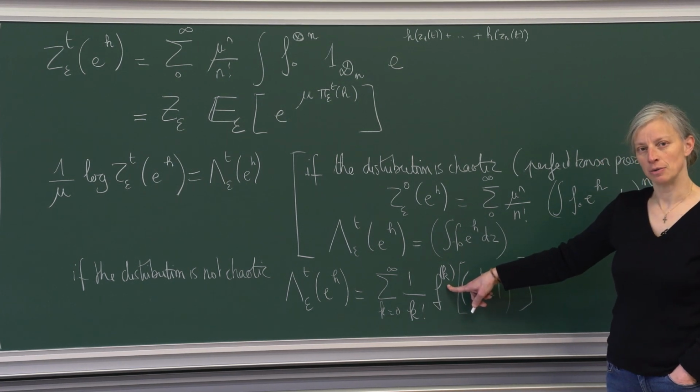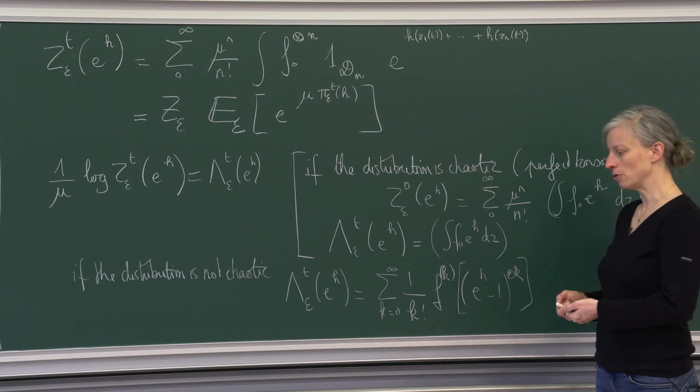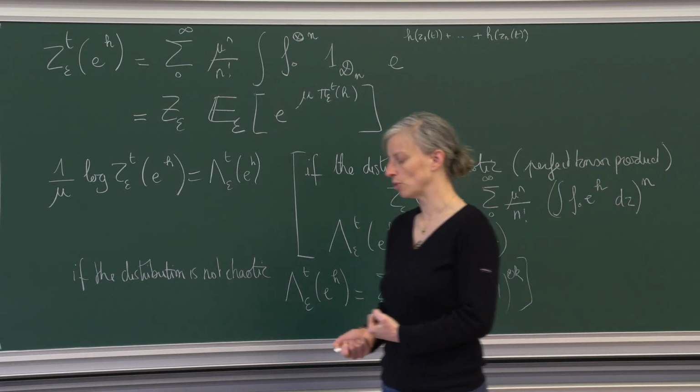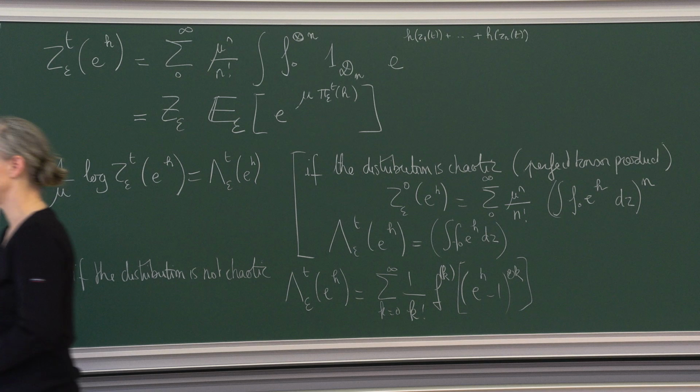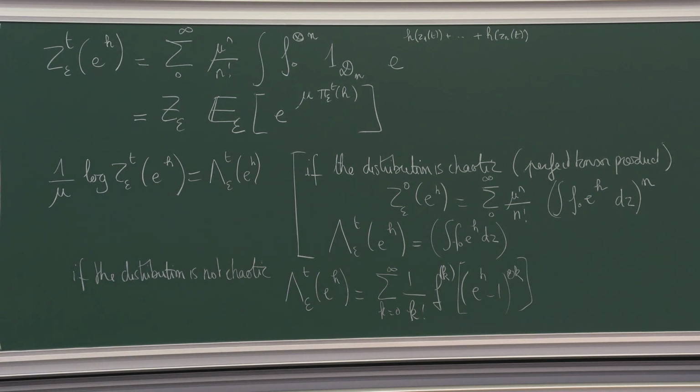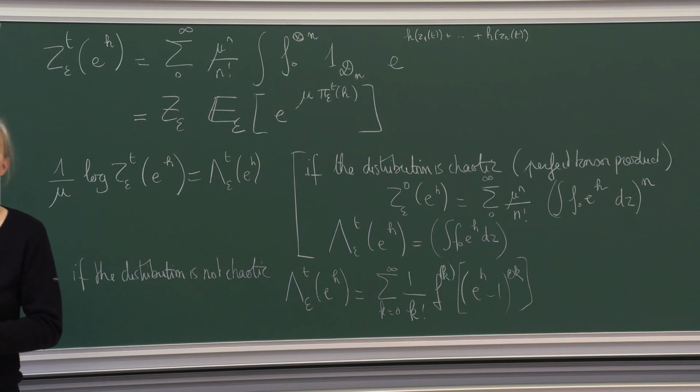But what is really important is that somehow, contrary to the marginals, the cumulants will not repeat the information. In the Boltzmann-Grad limit, the marginals somehow encode the same information, because you expect that essentially the second marginal is just a tensor product of the first one.